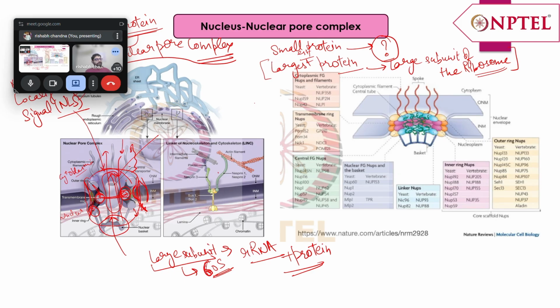Okay, any doubts? So, as per the literature, the largest diameter of compounds that can actually transport through the nuclear pore complex is around 40 nanometer.